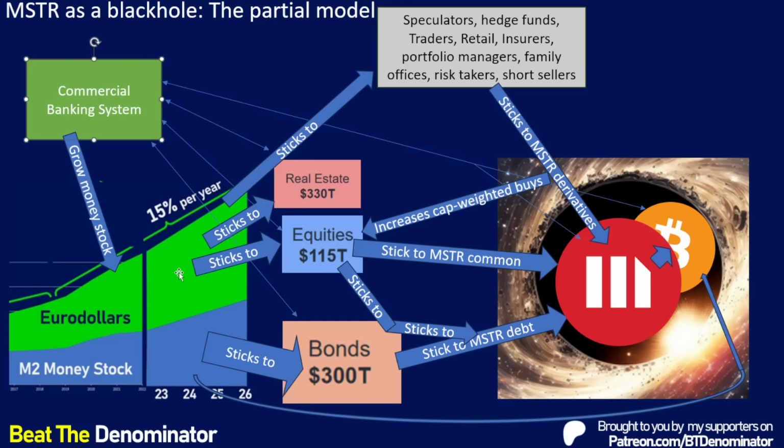And so, yeah, it's a mess. The legacy financial system is a mess. But at the end of the day, Bitcoin is permanent capital.